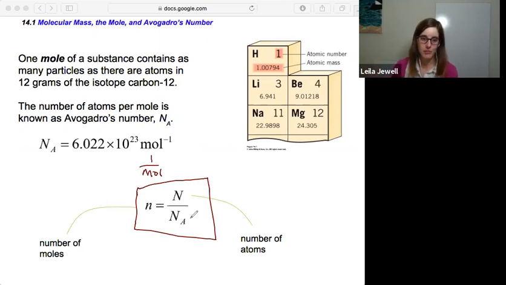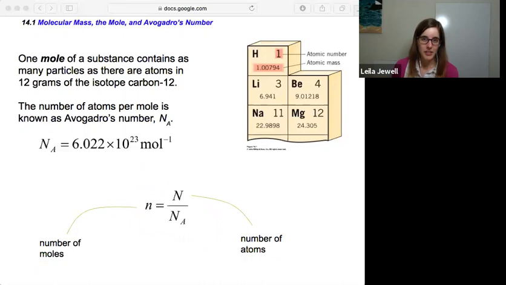Or in other words, you get moles. So we use little n to represent the number of moles and capital N to represent the number of atoms. This is an important distinction because we'll be using both in this chapter. So make sure that you write your N's distinctly so you can distinguish between number of moles and number of atoms.